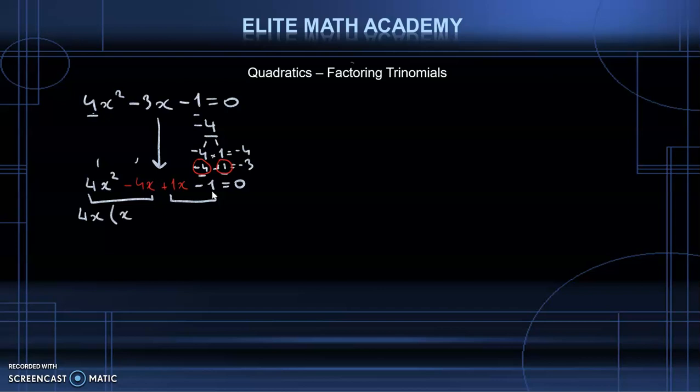I hope this makes sense, because think about this. Multiplying 4x and x will make 4x squared. We're left with minus 4x. Please pay attention to the signs. This will be negative 1, because multiplying 4x with negative 1 will give us negative 4x.